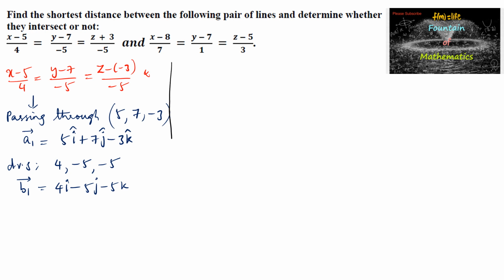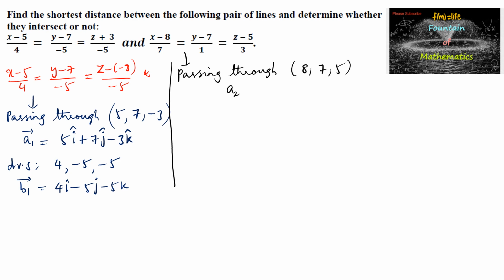Similarly, the second line is passing through the point 8 comma 7 comma 5.